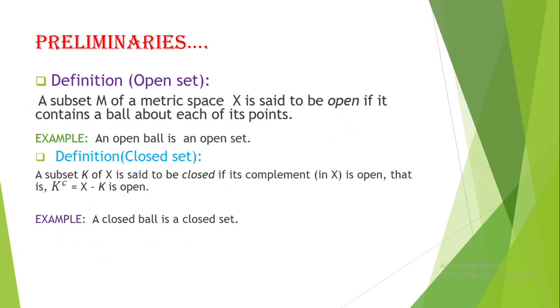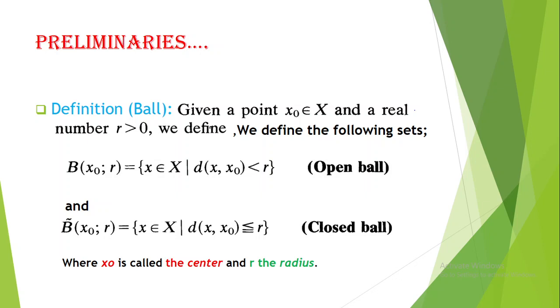Now, we will define what a ball is. Given a point x naught belonging to a set X and a real number r greater than 0, we define the following sets. First of all, we will define the open ball.